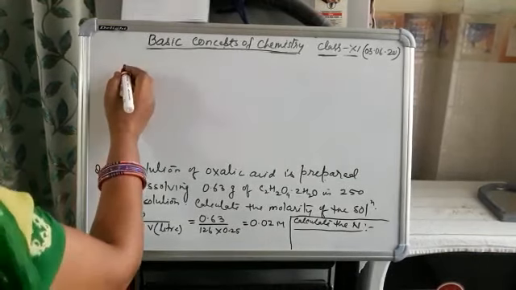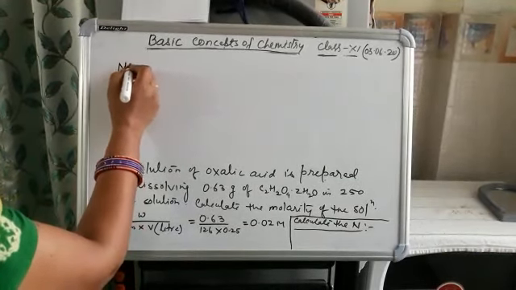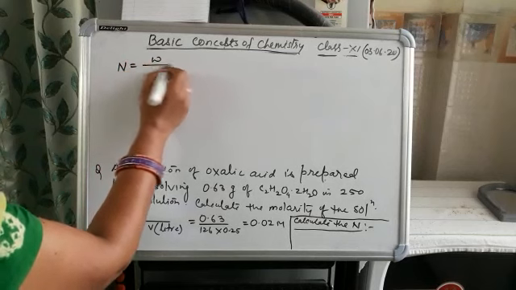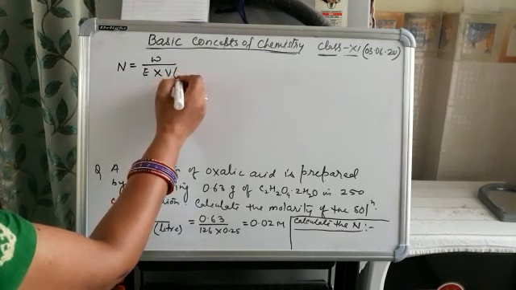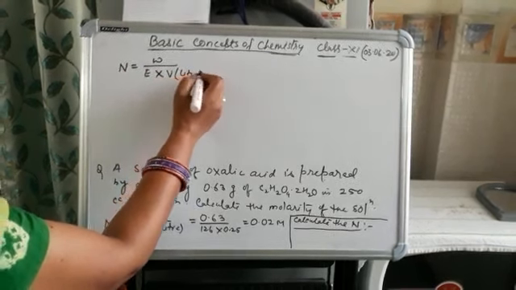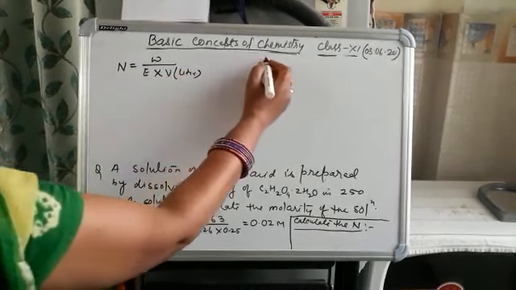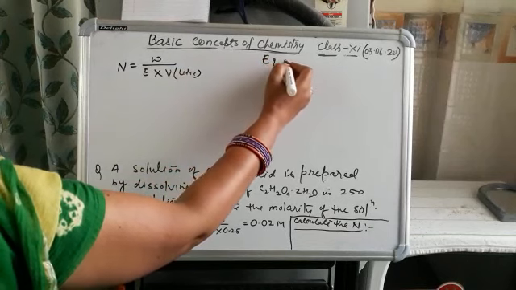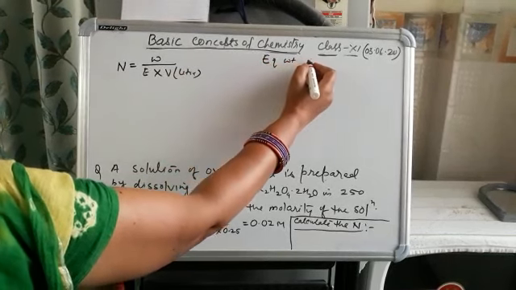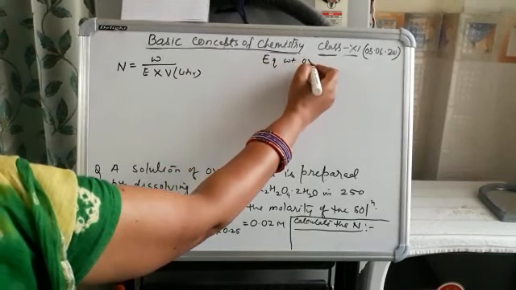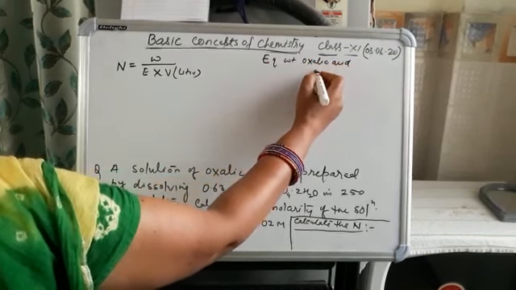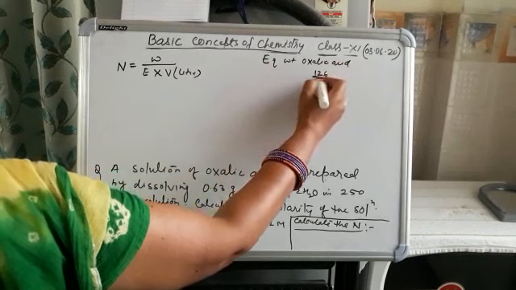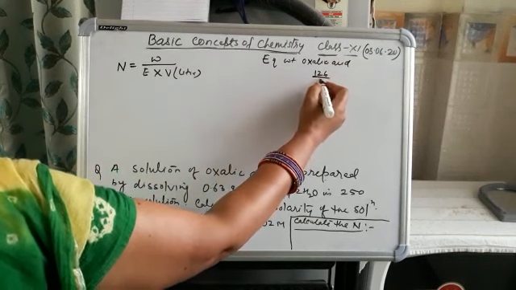For normality, the formula is mass of the solute by equivalent weight and the volume in liter. At first find out the equivalent weight of oxalic acid: molar mass by basicity.